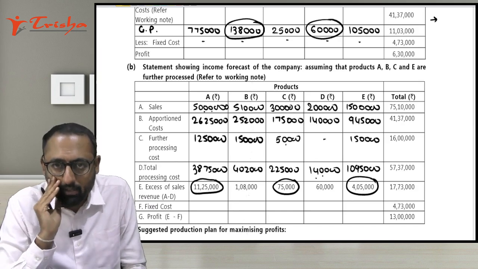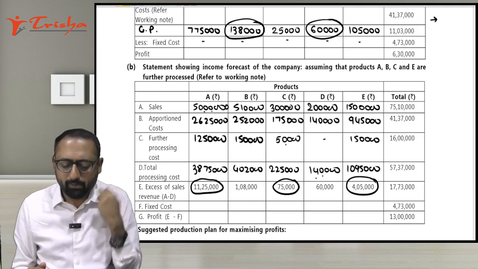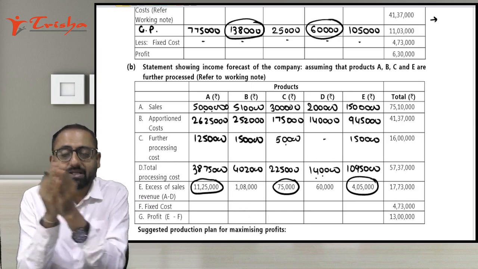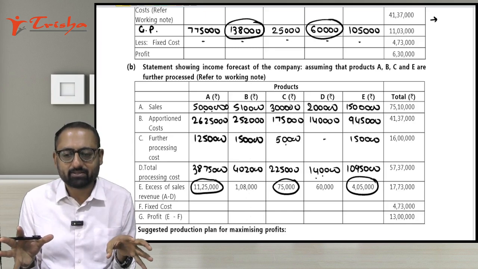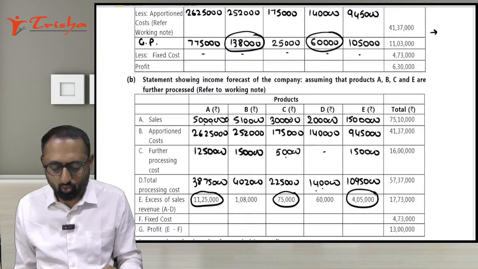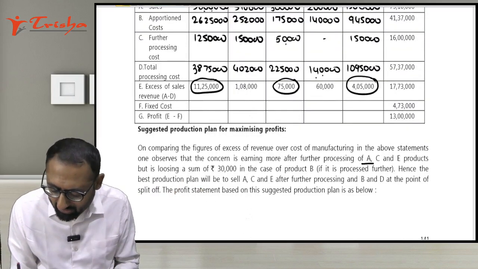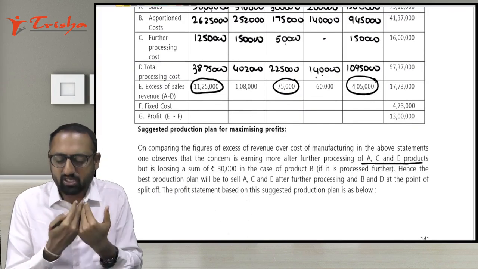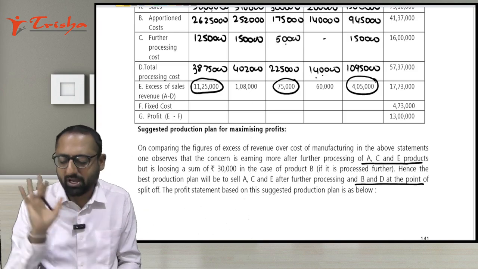So, boys and girls, A, C, E should be processed further. B, D should be sold at split off. That's it, guys. Perfect? Yes or no? So here the explanation is given. A, C, E should be further processed. B, D should be sold at the split off.